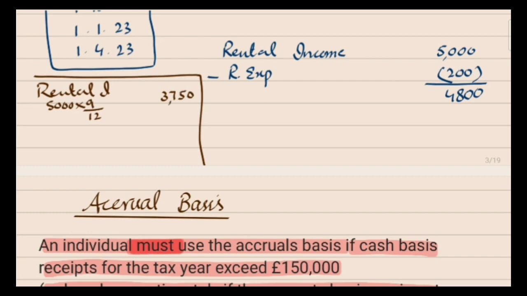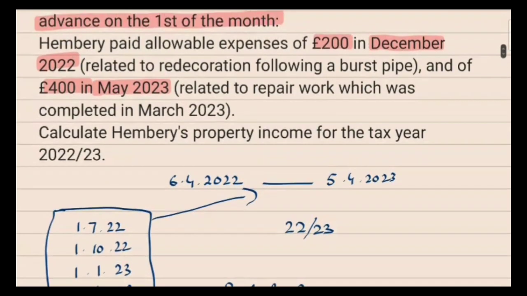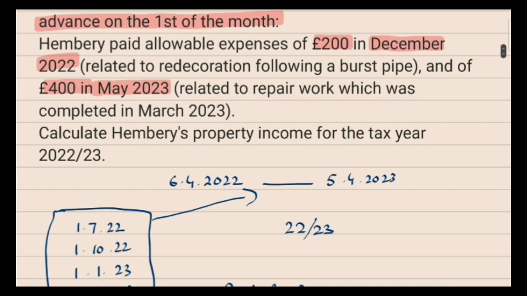Doesn't matter कि हम कब रिसीव कर रहे हैं, we only have to think that from 1st July 22 to 5th April 23, this is a period of 9 months and we have to record our income for the 9 months period. While on accrual basis, we need to record that 200 expenses are incurred in this particular year and 400 related to repair work which was completed in March 23.